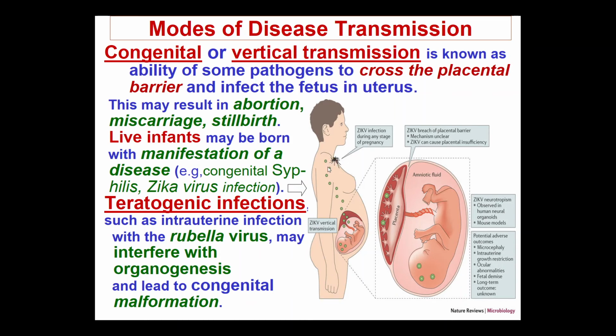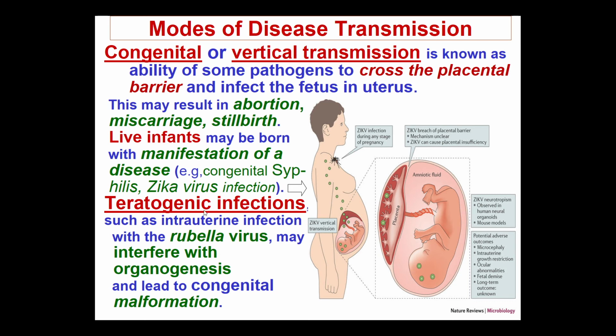Mosquitoes bite pregnant woman, and through the blood of the woman, these viruses may pass through the placenta, infecting brain of the patients and may cause ocular abnormalities, microcephaly, very small brain, long-term outcome unknown, fetal demise, and other defects.